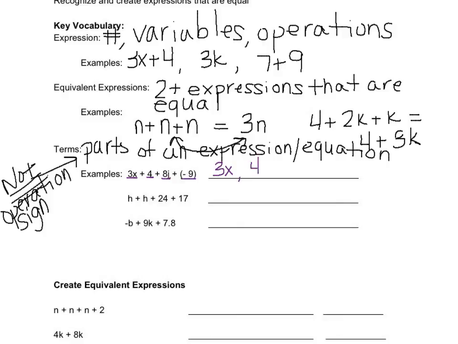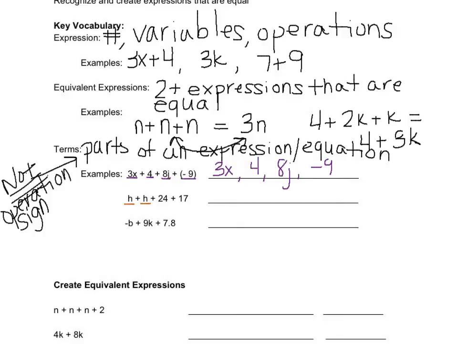Then a 4. Then an 8j. Again, they're smushed next to each other, so we leave them together. And a negative 9. And the second one, you do have to make sure that you list these two variables, even though they're the same, you list them twice because they're in there twice.